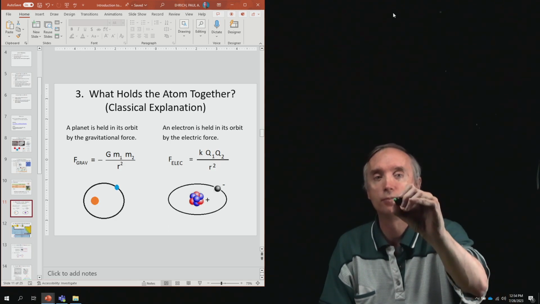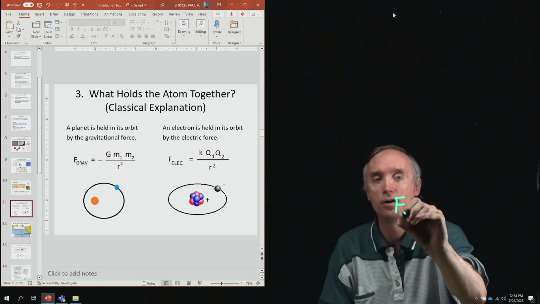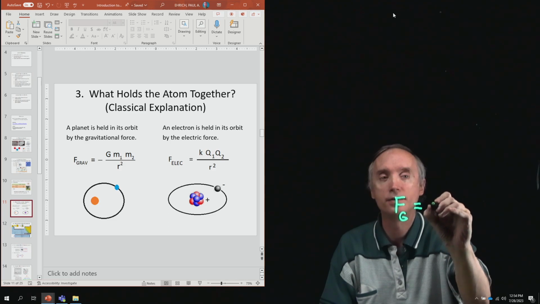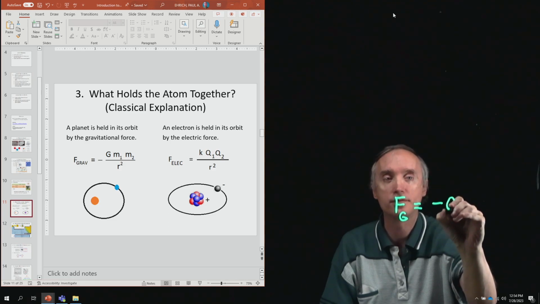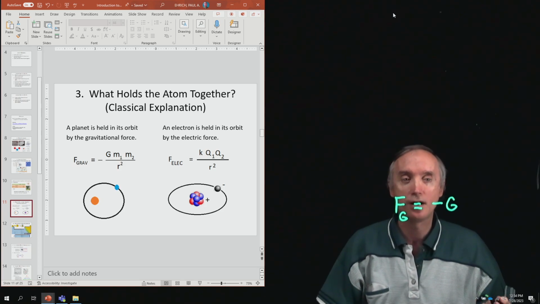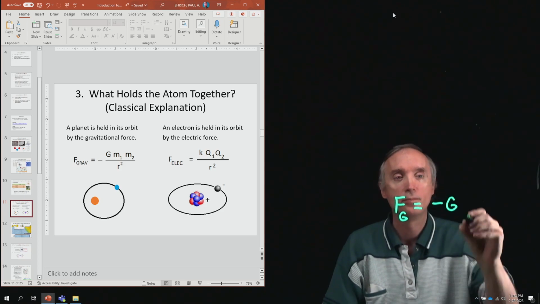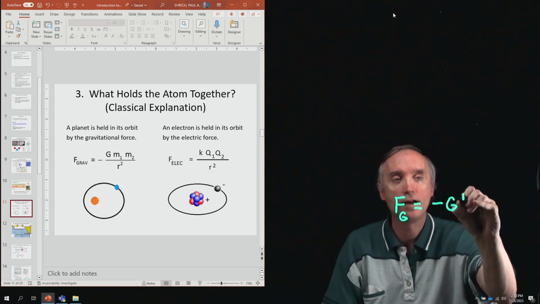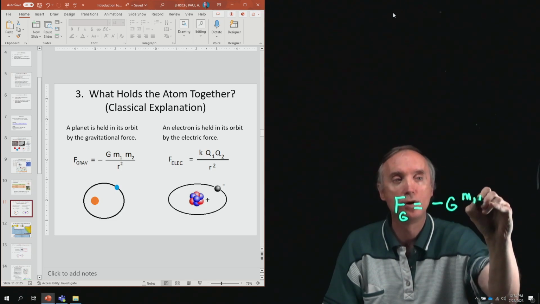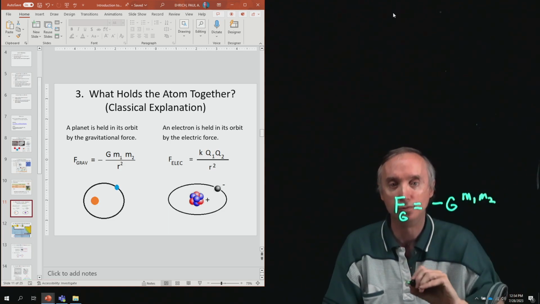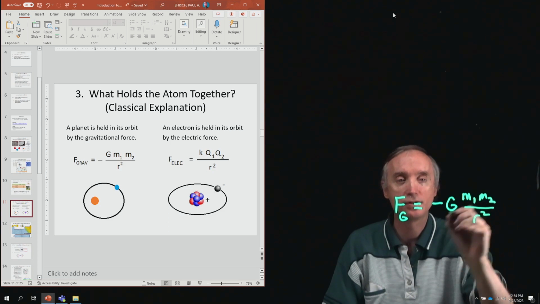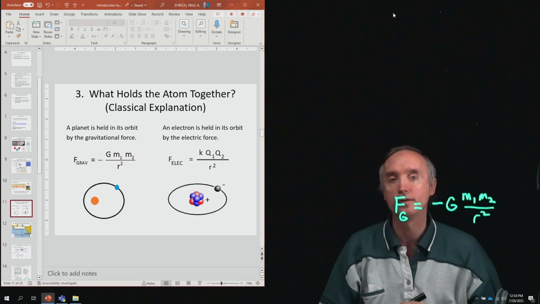But, for example, the force caused by gravity is going to be equal to a constant, which we don't care about, but this is called the gravitational constant, and it's a fundamental constant of the universe. But what's important is you're going to have mass number 1, multiplied by mass number 2, and then divided by a certain distance r, and you have to square it.